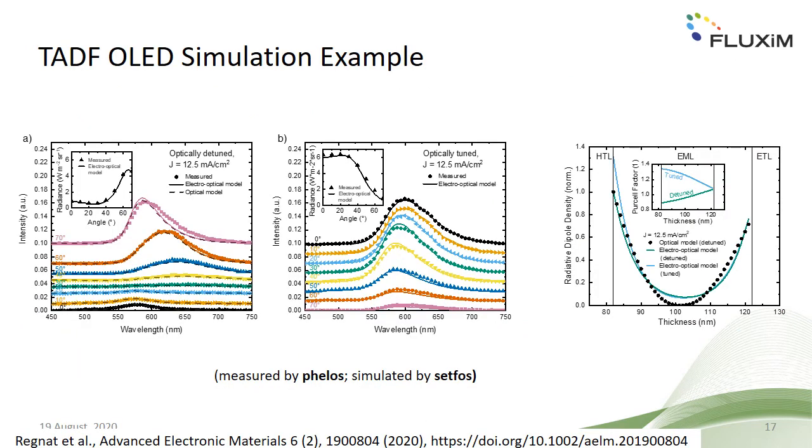To give you an idea of the agreement between the measured outcoupled spectra and the simulations from the electro-optical model, here's the data for the tuned thin and the detuned thick OLED. The optically determined emission zone in blue dots shown on the right-hand side is well reproduced by the electro-optical model given in lines. Again, we observe a split emission zone.